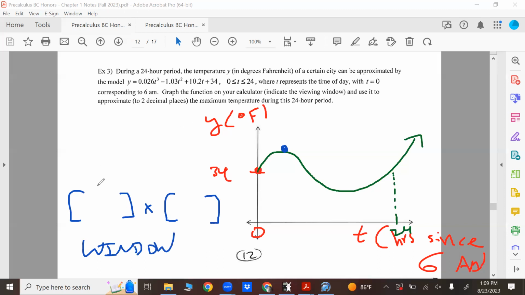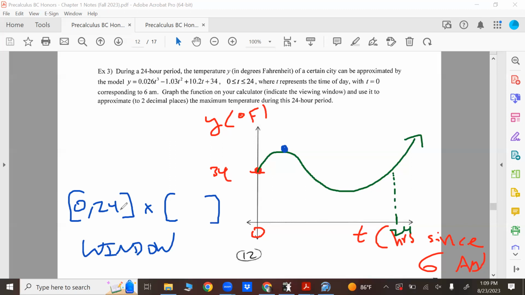So it's pretty clear you want X to be from 0 to 24, right? I think it's pretty obvious. The temperature, because now this is where you have to use context, right? You're doing temperature. Would it make sense to do temperature at negative 100?